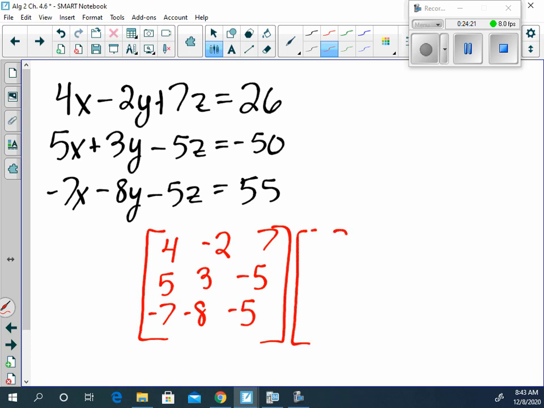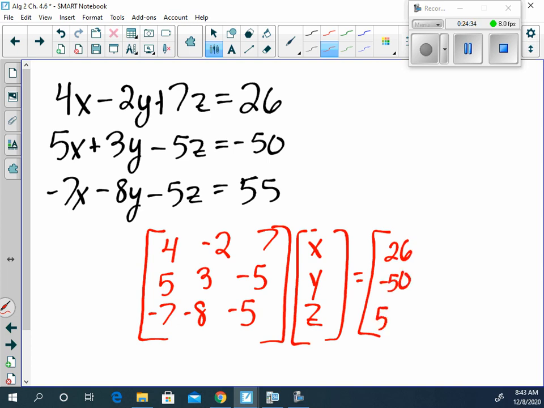And this time it's not multiplied by x, y, it's going to be x, y, z, equal to 26, negative 50, and 55. Because we just took the coefficients to make a 3 by 3 instead of a 2 by 2. Instead of x, y, we have x, y, z, and here we have 3 numbers. So it's almost the exact same thing, it's just we have more numbers this time.